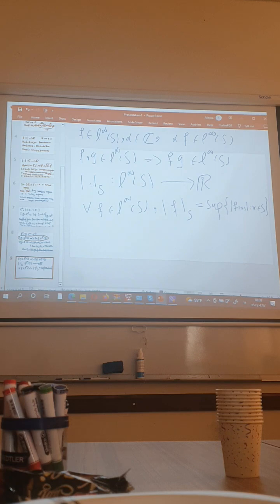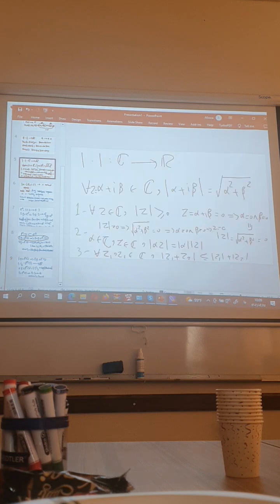What is this? You know that if f belongs to L infinity of S, then f is a function from S to C, okay? So for any x in S, f of x is a complex number, and so for any x in S, the absolute value of f of x is a real number, okay?